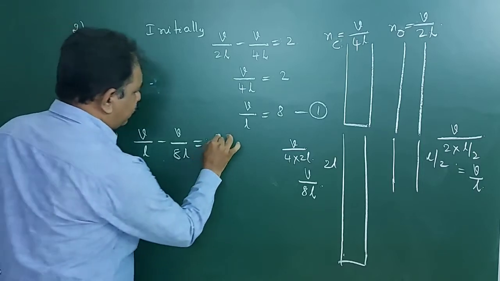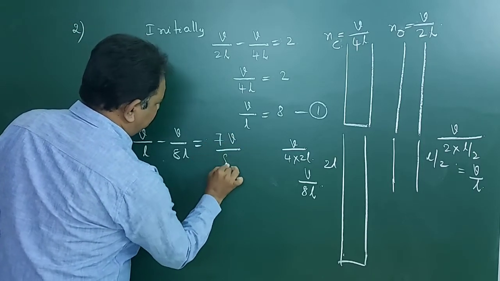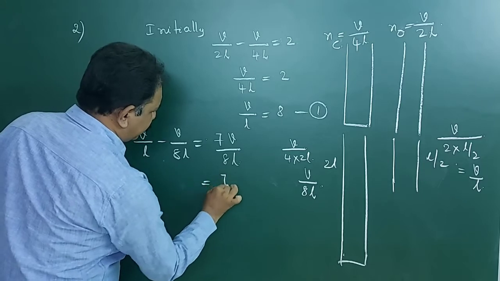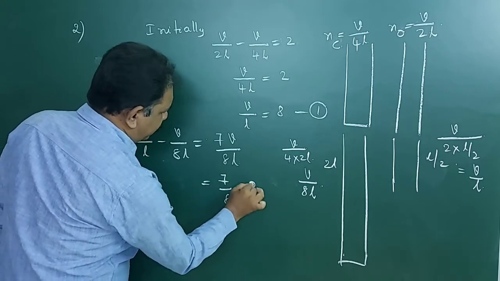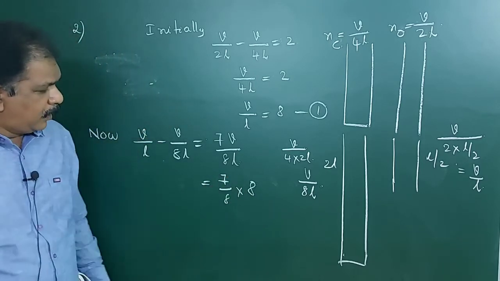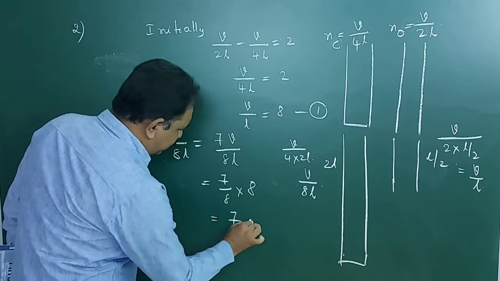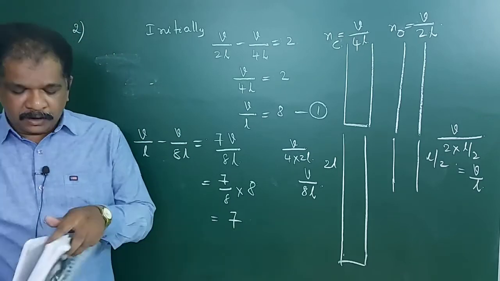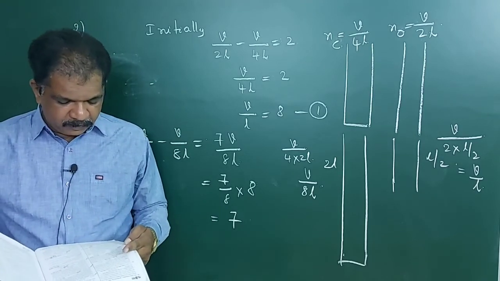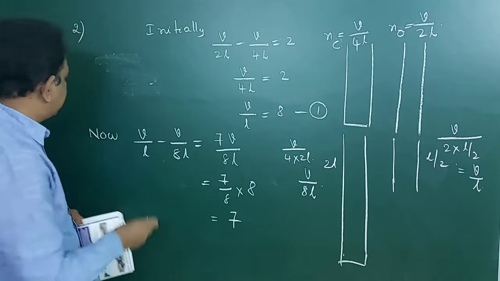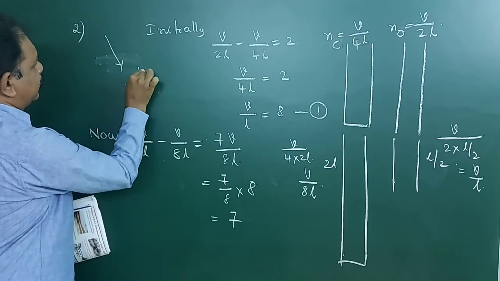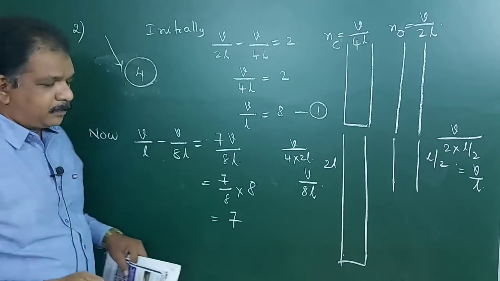So this value will be 7V by 8L. 7 by 8 into V by L value will be, we got 8 here, so this is equal to 7. So how many beats are producing means 7. Second question, it will be fourth option.